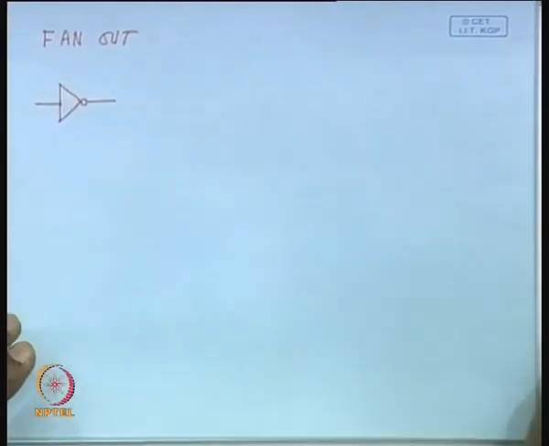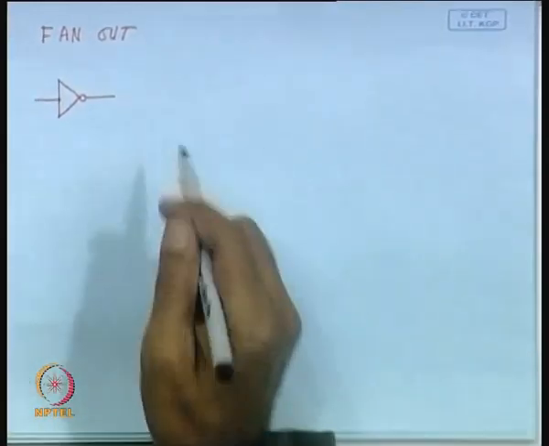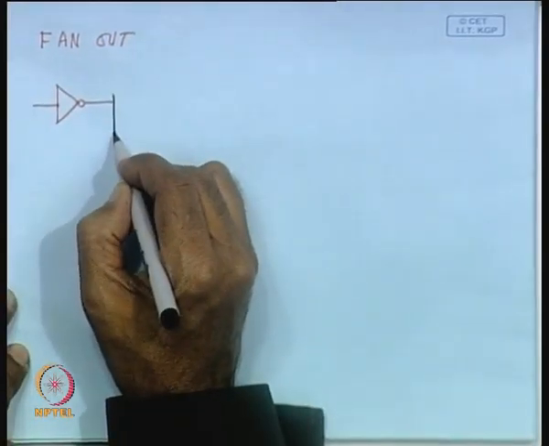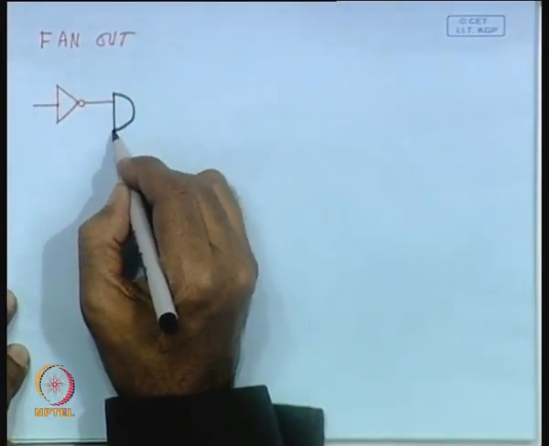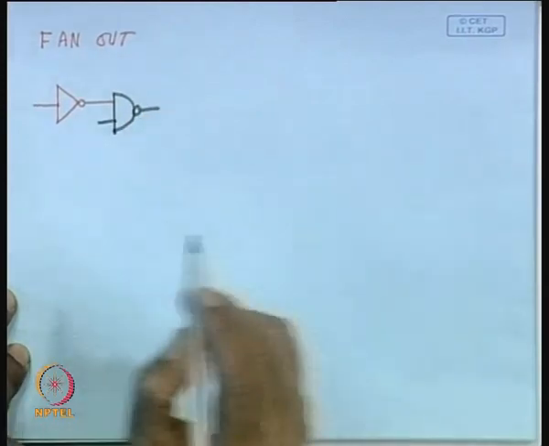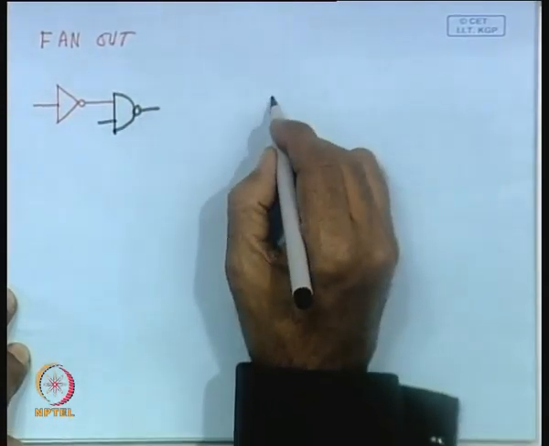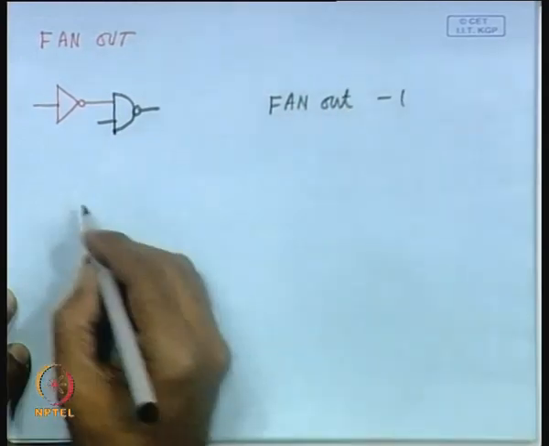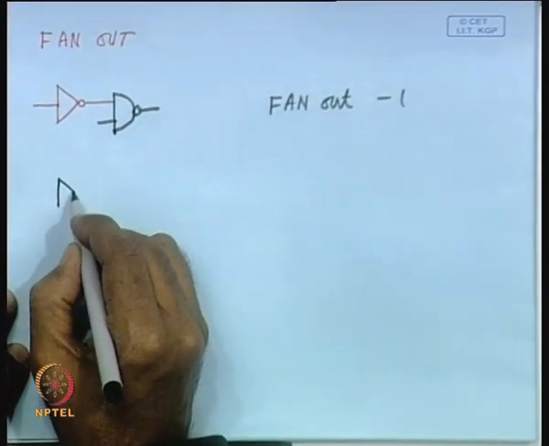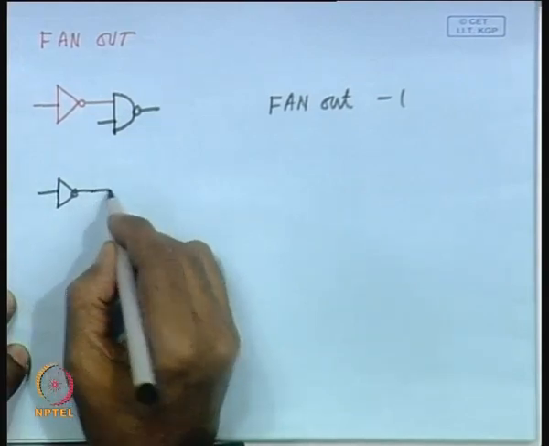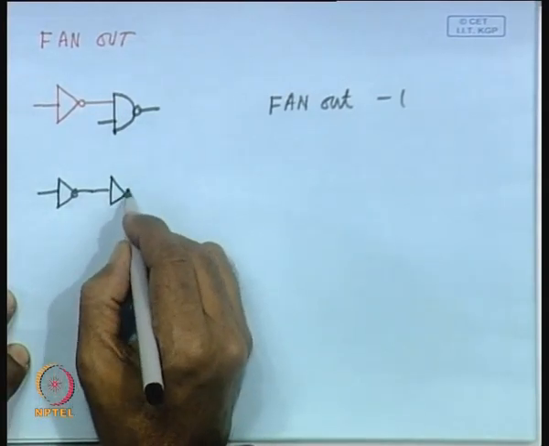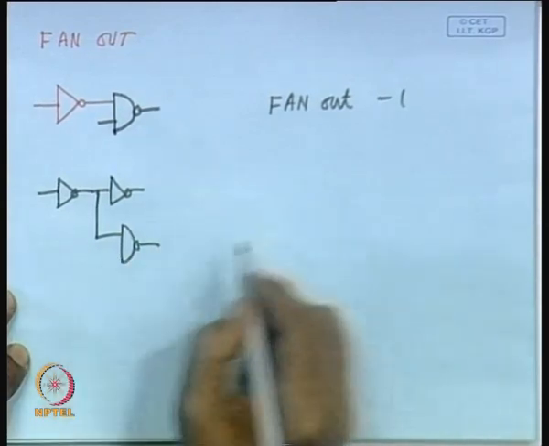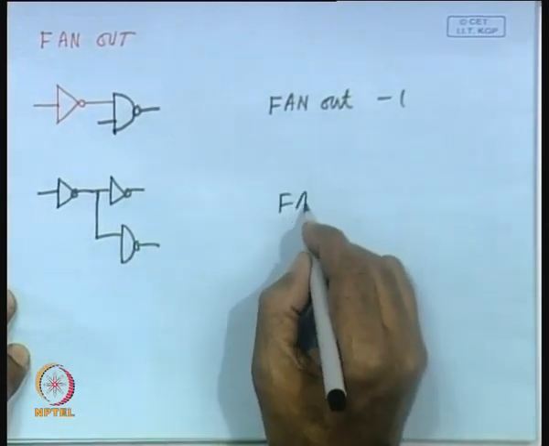For example, this inverter may be driving only one gate, going to one input of an OR gate. So, in this case fan out is 1. Or it can drive more than one gate, say it is driving an inverter as well as one NAND gate.